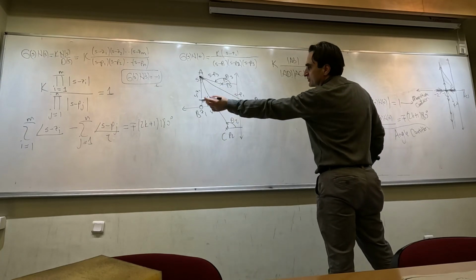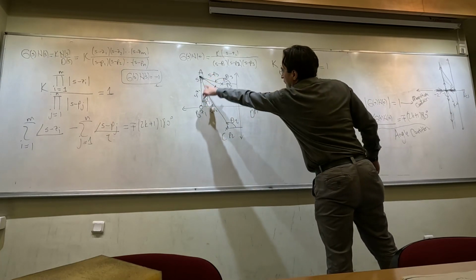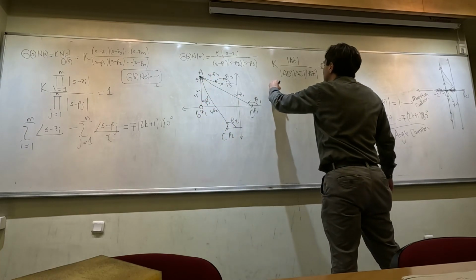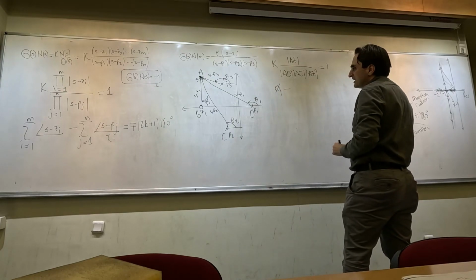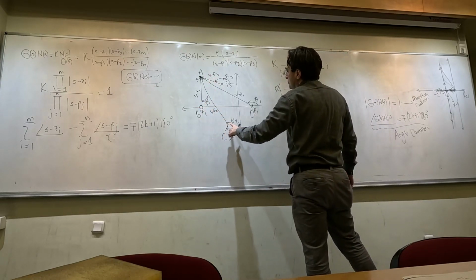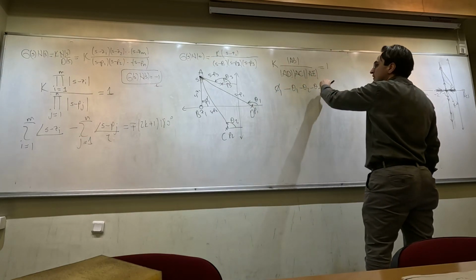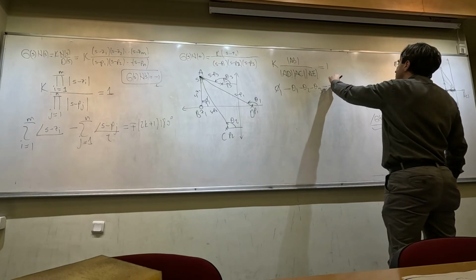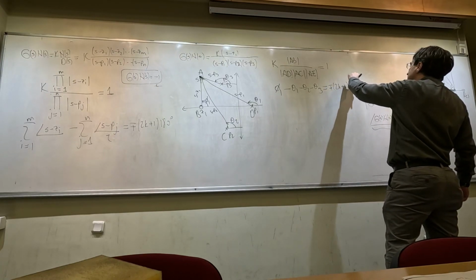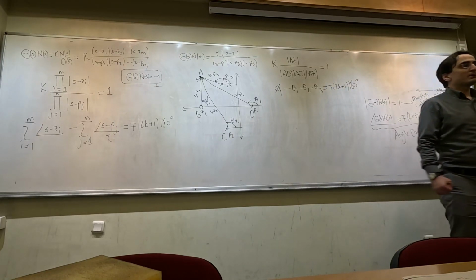It is going to be the angle of the zero vector, S minus Z1, which is phi 1, minus the angles of the poles here, theta 1, theta 2, and theta 3, and this should be equal to plus or minus (2k plus 1) times 180 degrees.